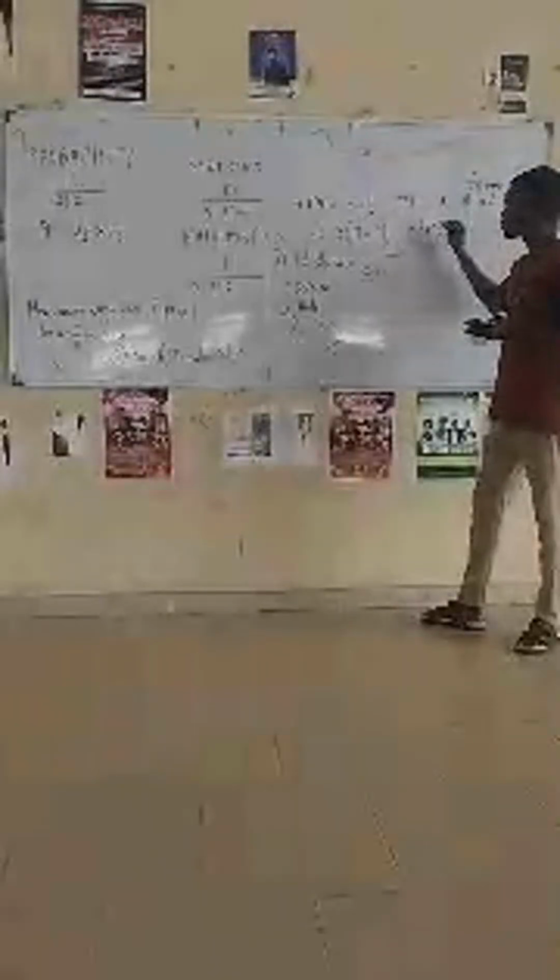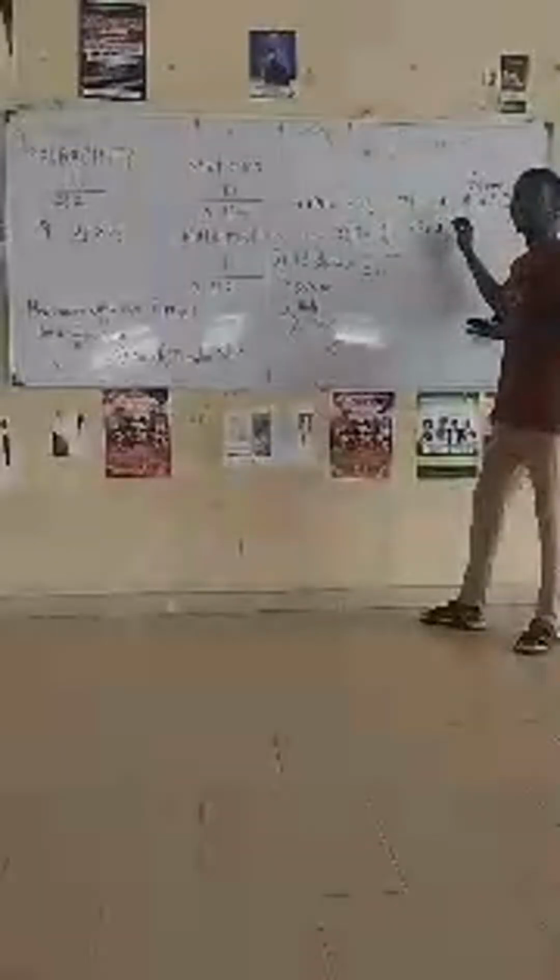Now, if we are having 3 science students, that means we are going to look for 3 science students and 2 arts, to make 5. Then we also look for 4 science students and 1 art.